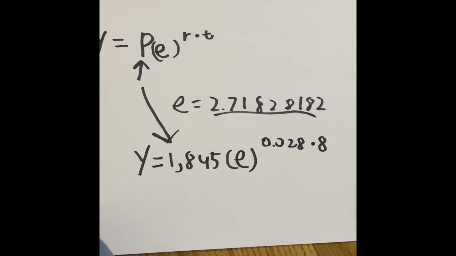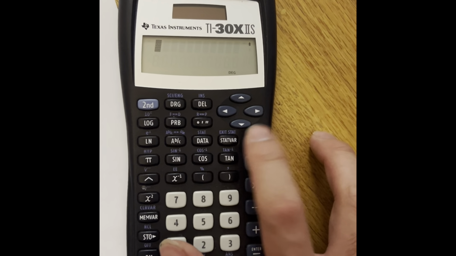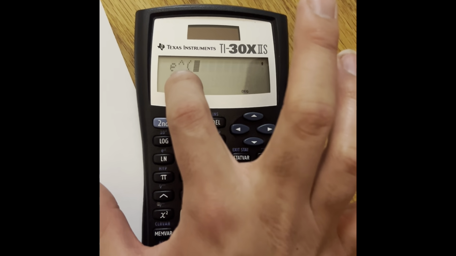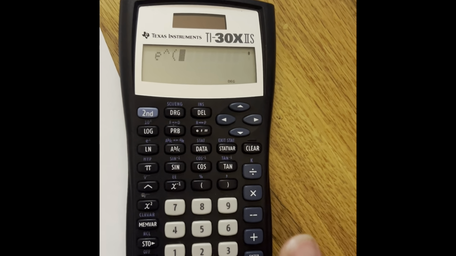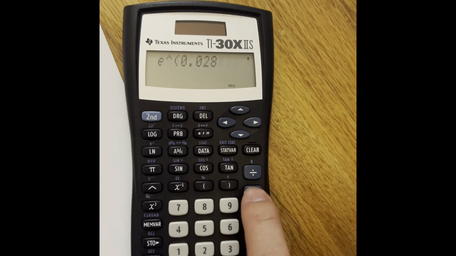And step 3 is actually using the calculator. Using order of operations, we have to use the letter E first. So hit clear in case any other problem was done before this one. You do the second ln, and that will get you e to the exponent. You do 0.028, multiply that by 8, because that is going to be the rate times the time in years. You get this.